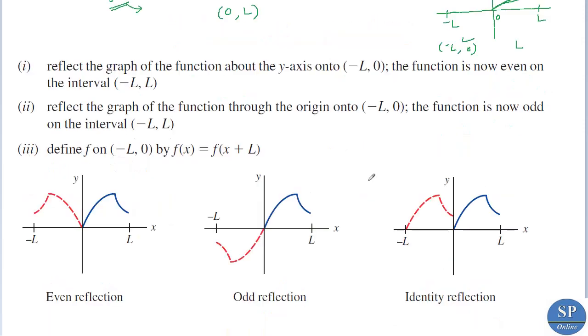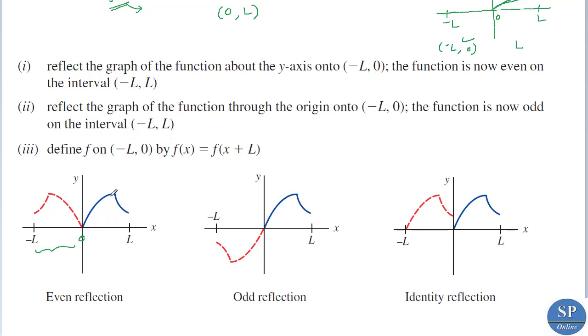That means suppose we have a function which is defined in the interval 0 to L, and let this be the graph of that function. Then we can extend this into the interval minus L to 0 like this. That means now the graph of this function is symmetric about the y-axis.